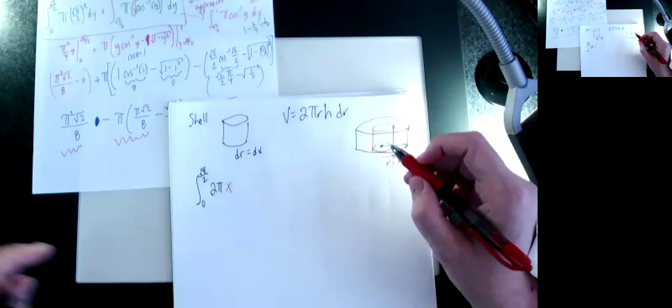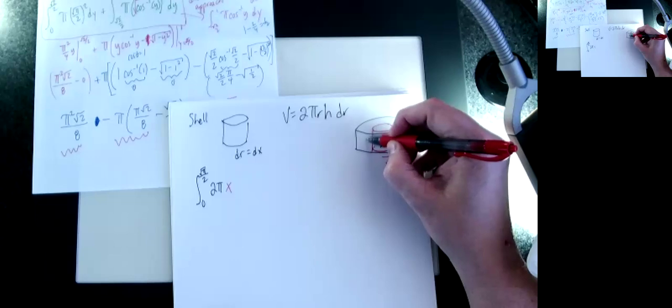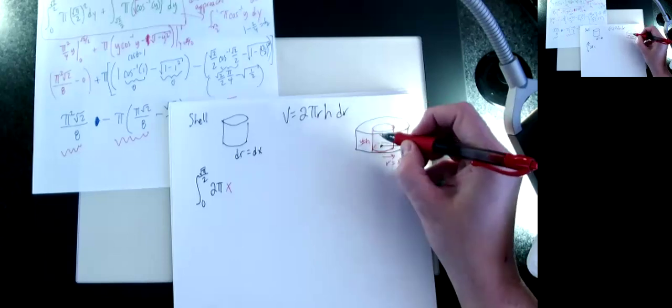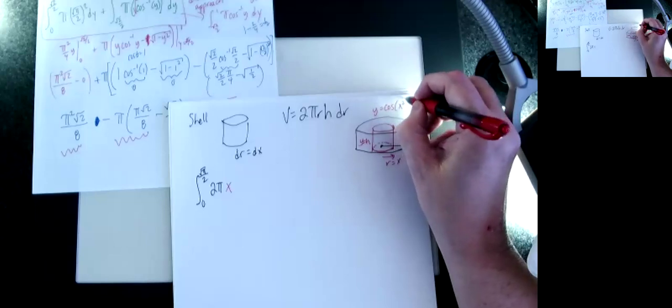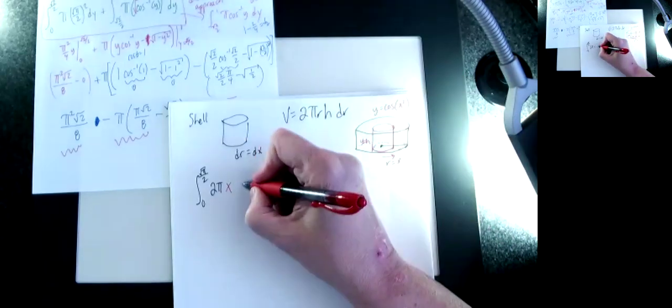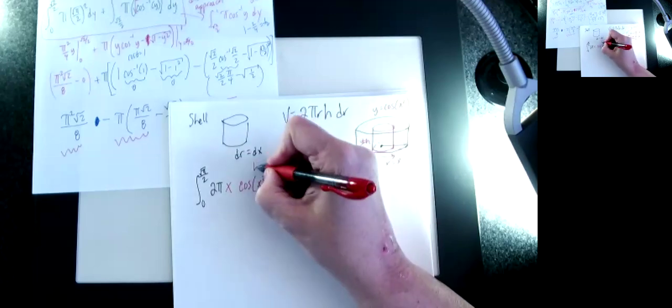This actually goes all the way up to the top of the cake. The height equals the top of the cake, which is Y. And Y was cosine X squared. That's my height. That's my R. And we're doing dx.